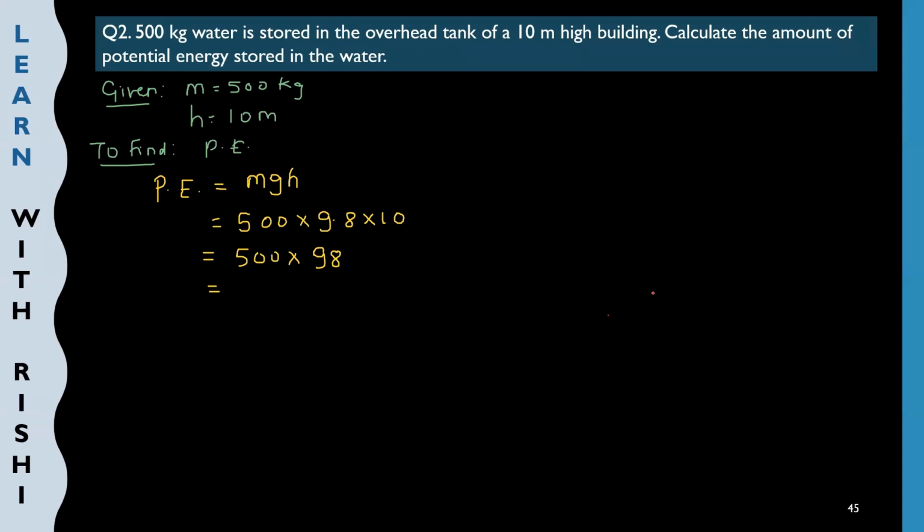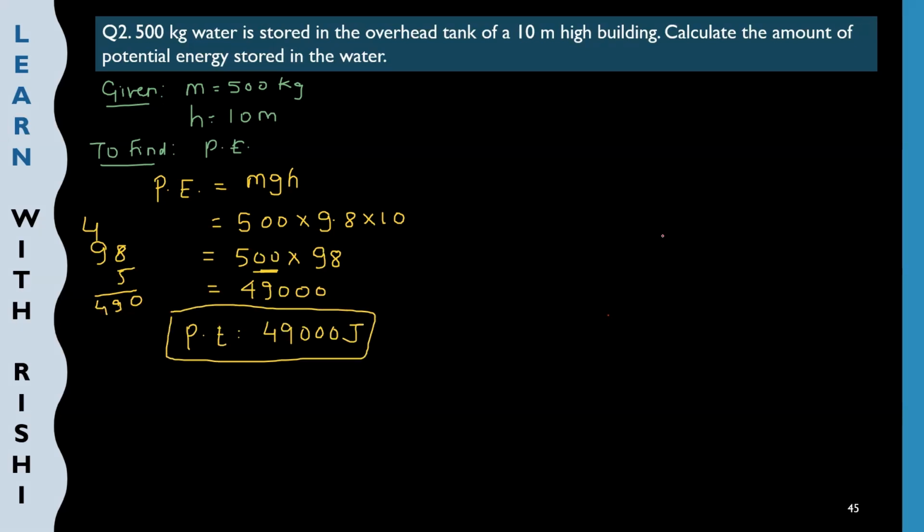Now we have to solve this. 98 into 5. So 8, 5 it's a 40. 45 plus 4, 49. So it is 490, and 2 more zeros are there. So this will be our answer. So potential energy here is nothing but 49,000 joules.